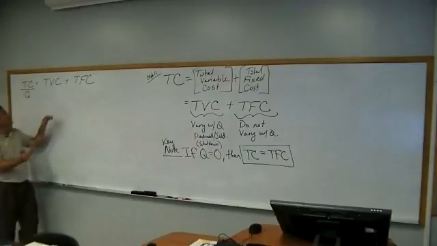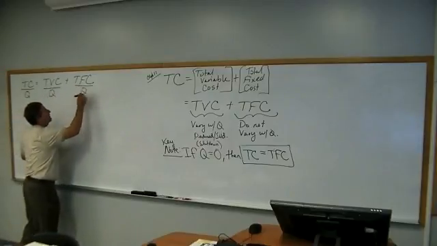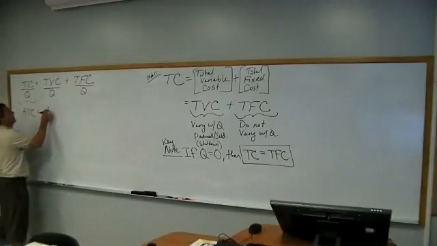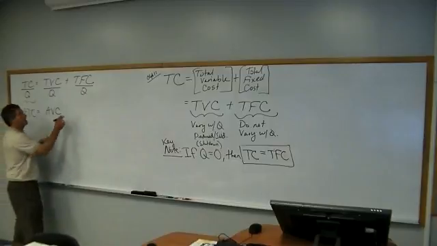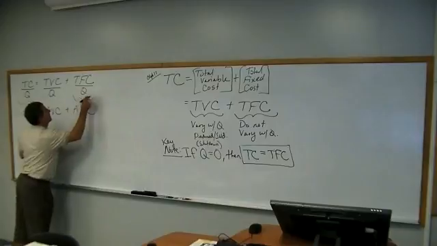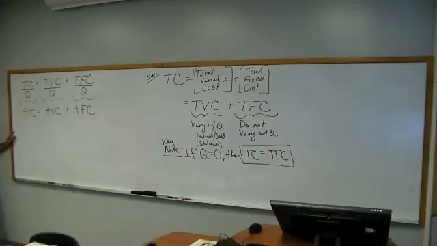Same thing. So we get this nice little relationship here. And average total cost is equal to the sum of average variable cost and average fixed cost. Because all we did is separate them out.